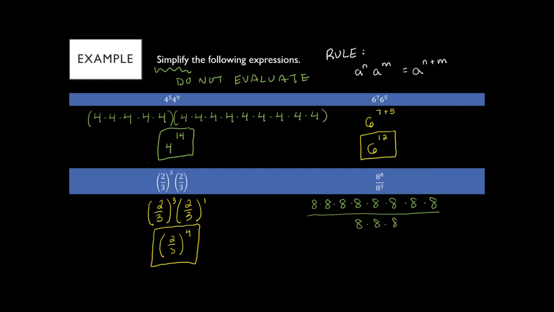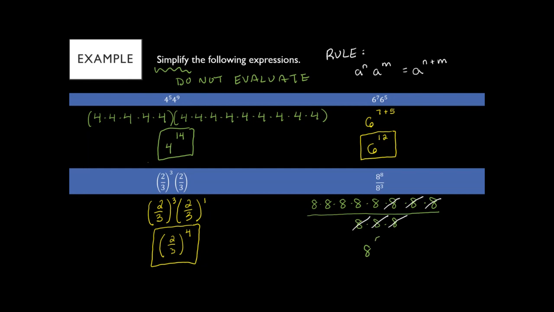Now, if we go back to when we were learning about fractions in week 1, we were doing things like this where you can cancel things out by crossing it out of the top and the bottom. So I can remove an 8 from the top and the bottom and cancel those out. And I can keep doing that until there's nothing left for me to cancel out. So when I do that, I'm left with only 5 8s on top, nothing on the bottom.